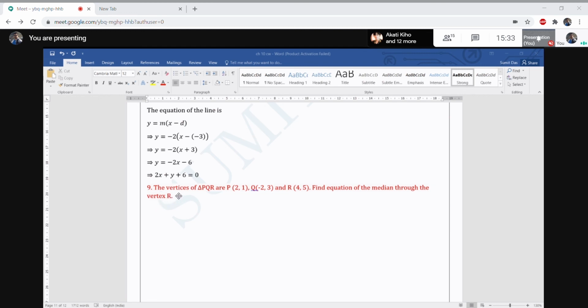Here P is 2, 1, Q is -2, 3, and R is 4 comma 5.